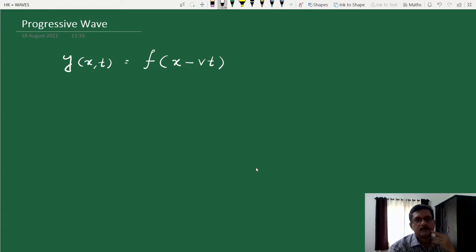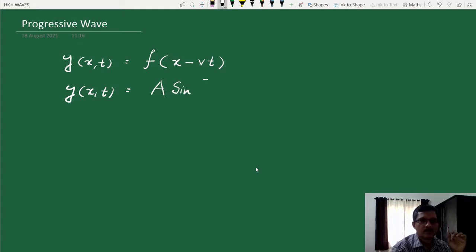If it is a simple harmonic wave, this function we can write as a sine function or cosine function, of 2 pi by lambda into x minus vt.